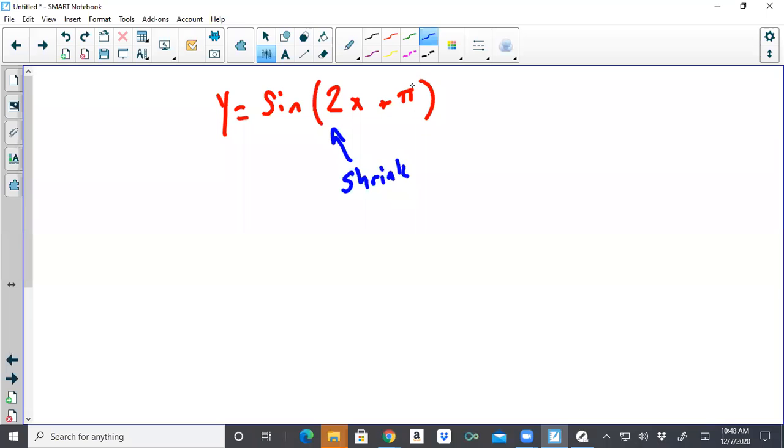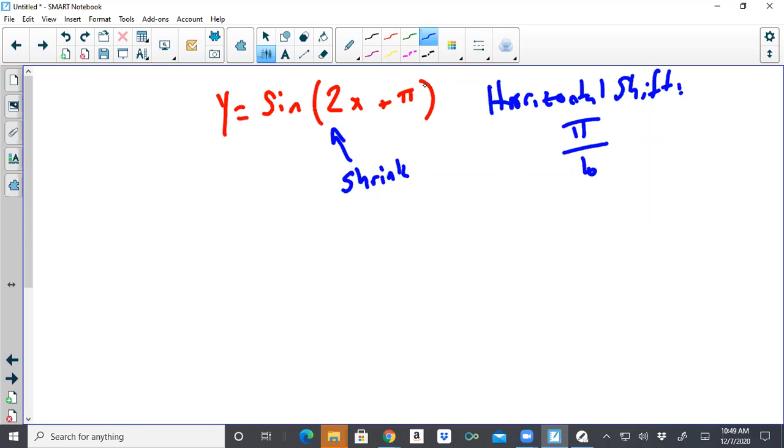So what you need to do to figure out your horizontal shift, which is actually called a phase shift, is take this number and divide it by whatever that number was in the front.